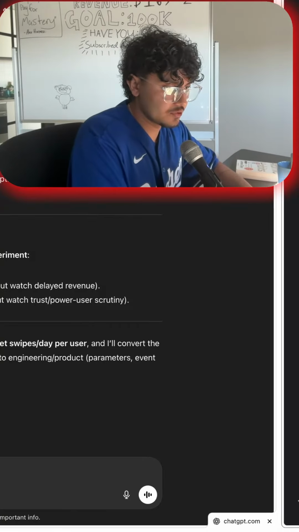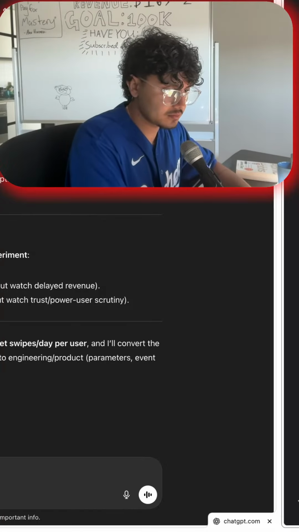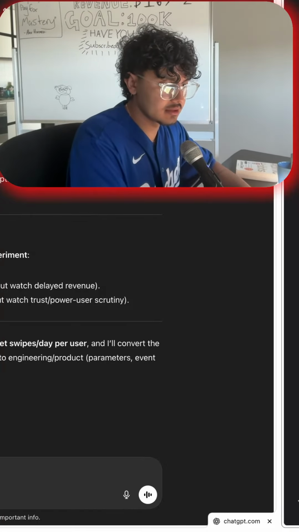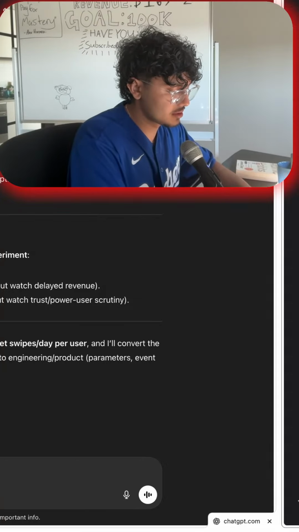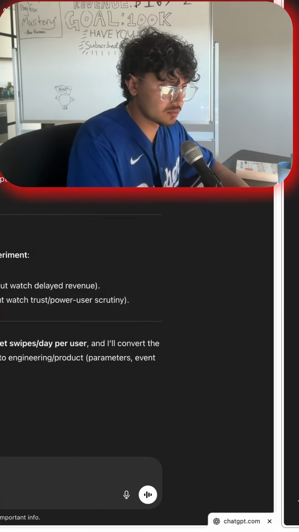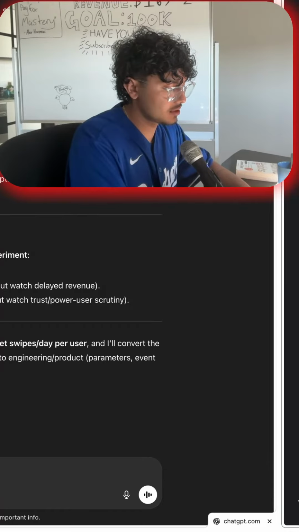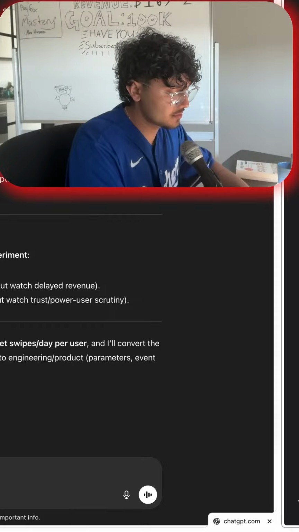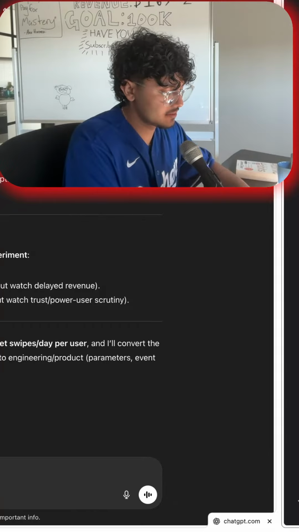Need to add additional context to the app. The swiping is not the only way transactions are made. We also have a discovery tab where users can search the market themselves and place bets.